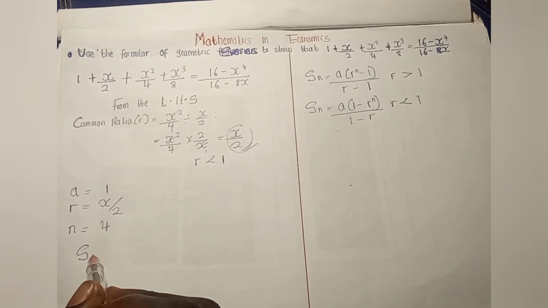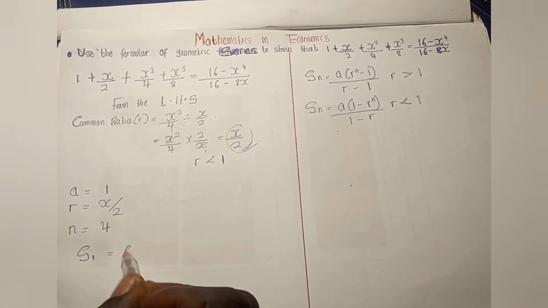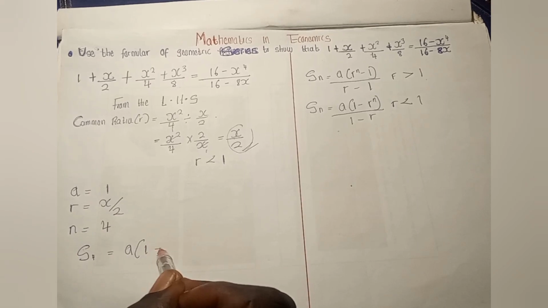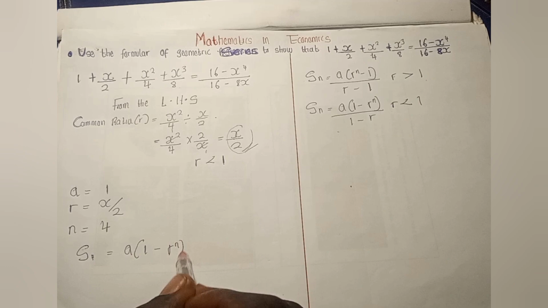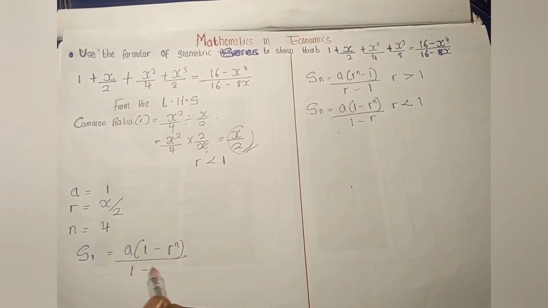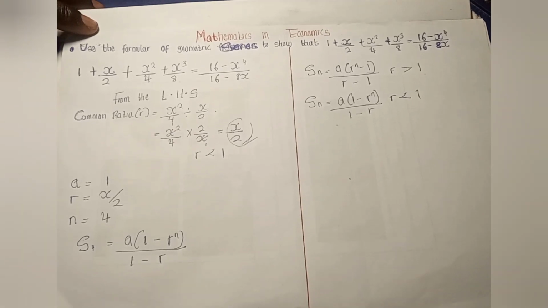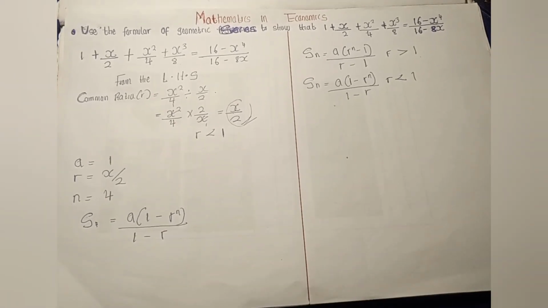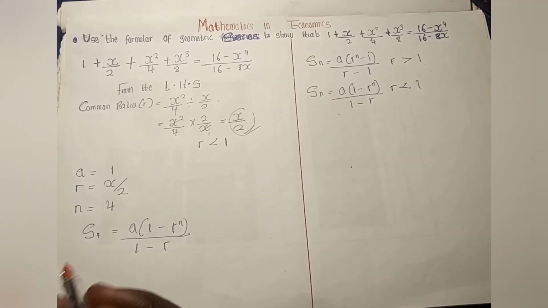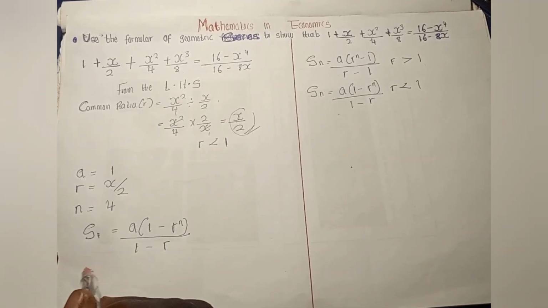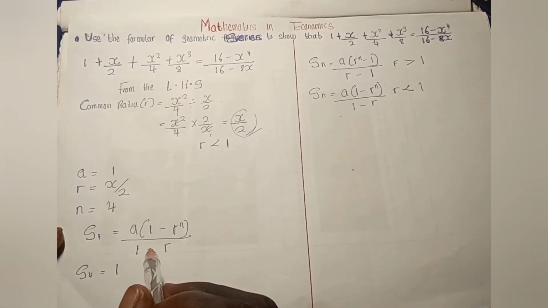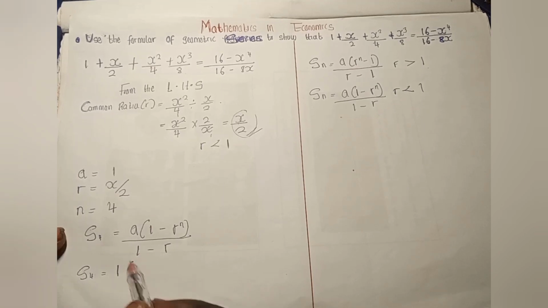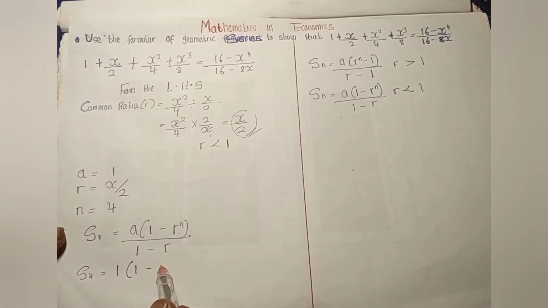So S4 is now equal to a into bracket 1 minus r raised to power n, over 1 minus r. Substituting, my a is 1, into bracket 1 minus, what is r?